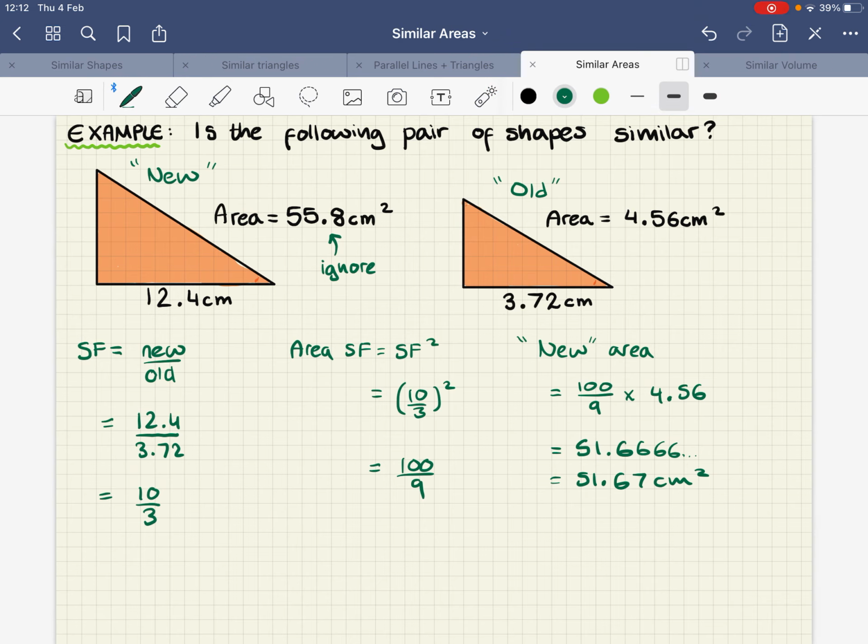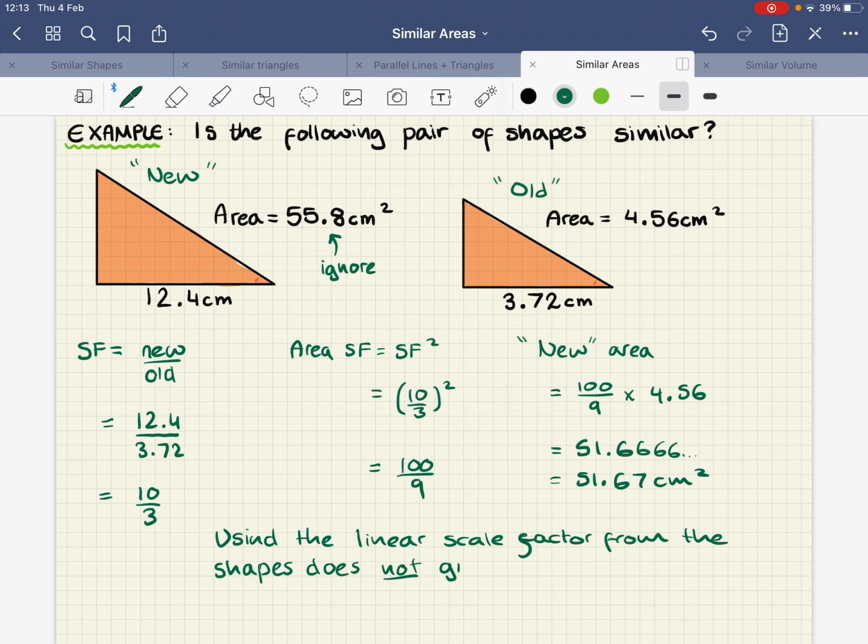And so now I need to write my statement. So I'd say, using the linear scale factor from the shapes does not give the area in the question.